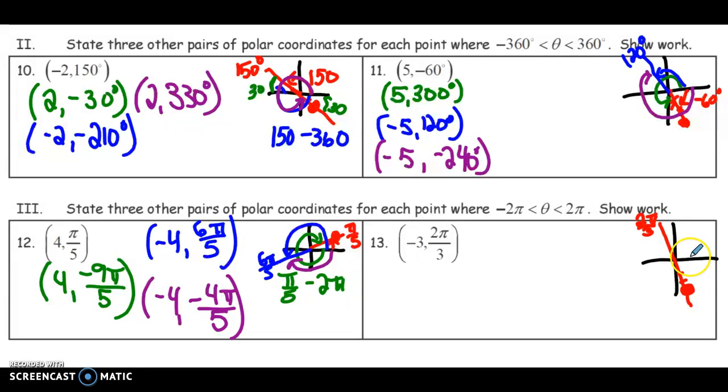So if my original went 2 pi over 3 in a counterclockwise direction, I want to know how to get to 2 pi over 3 in a clockwise direction, so I'm going to subtract 2 pi. And 2/3 minus 2 is negative 4 pi over 3.